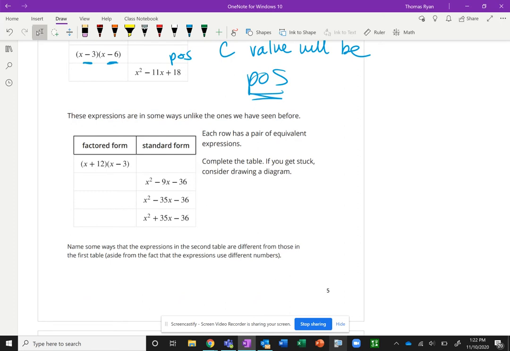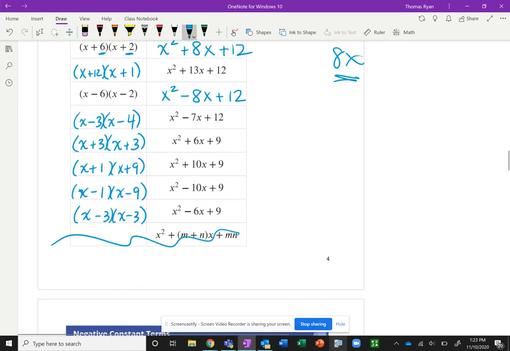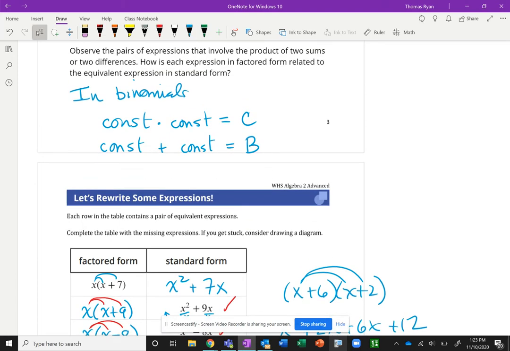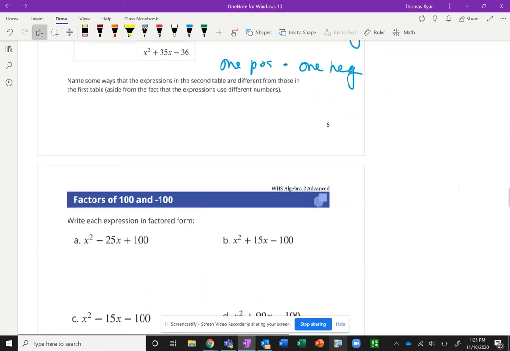Now if our C value is negative, we're going to have one positive times one negative. So we still got to think, the pattern still holds, guys. Constant times constant gives us C. Constant plus constant gives us B.